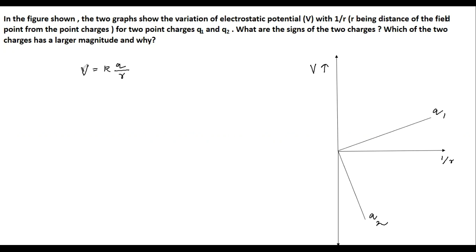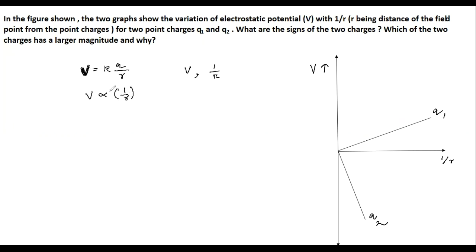Now, even though V and R are inversely related, if I see the relation between V and 1 by R, then both of them are directly related.